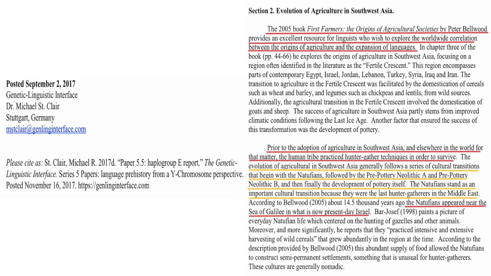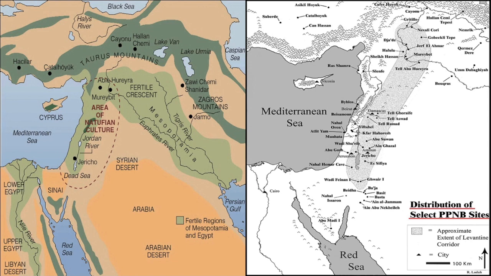The Natufians stand as an important cultural transition because they were the last hunter-gatherers in the Middle East. The Natufians appeared near the Sea of Galilee in what is now present-day Israel. That is from the Genetic Linguistic Inference. And here is the map showing the area of Natufian culture and the map showing the distribution of sites PPNB.